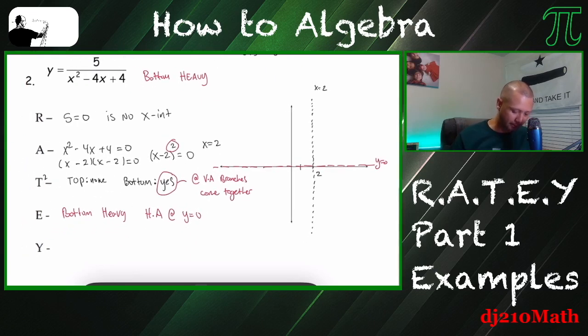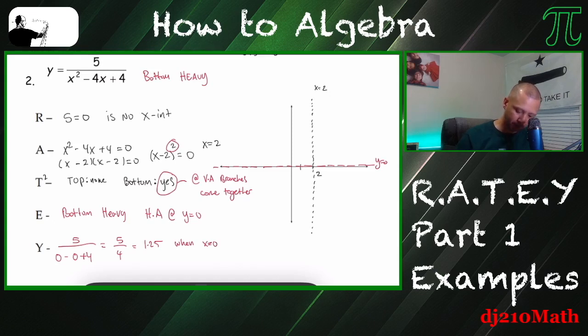All right, and last but not least, the y-intercept. We have to set x equal to 0. So 0 squared minus 4 times 0 plus 4. This is going to be 5 over 4, which is basically 1.25, because this is when x is 0.